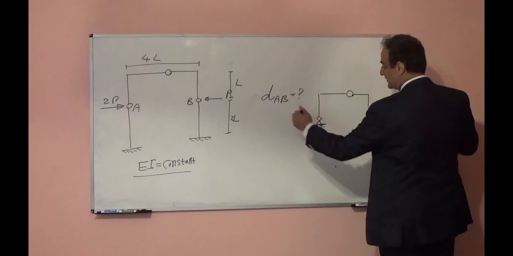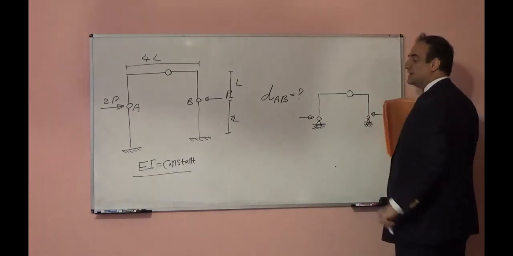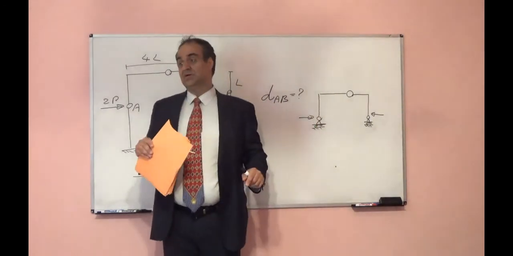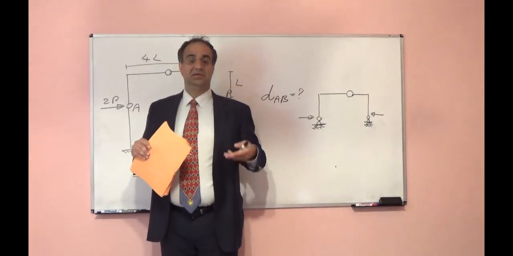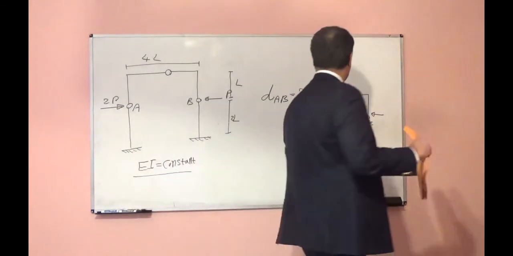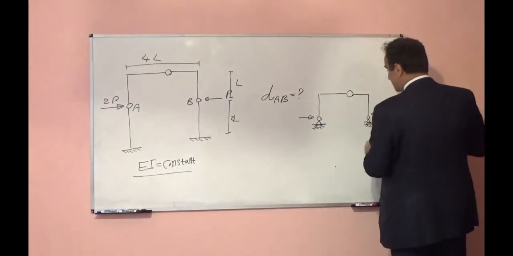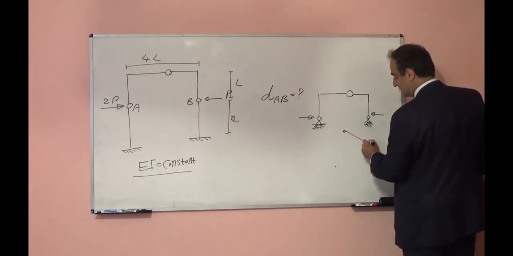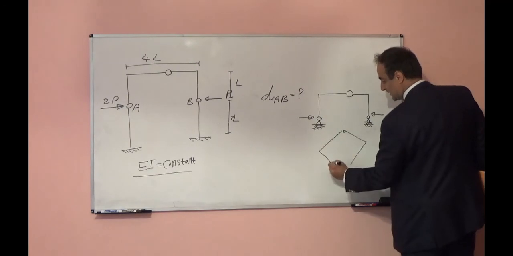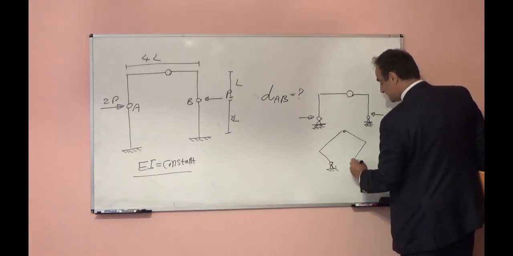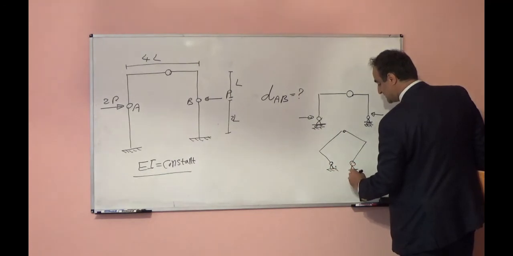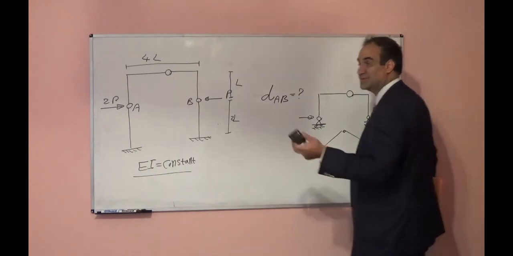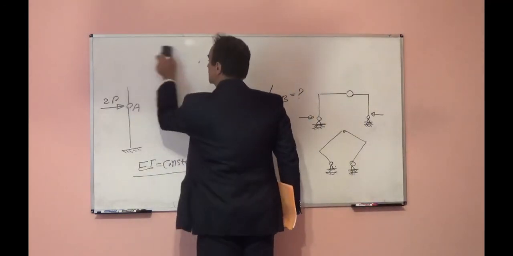If I apply load here and here, there is no stiffness against those loads, or no bearing capacity. That part is an unstable part. It is clear that if I add this load, it will easily rotate like this. The top part will not show any resistance against those loads, so this part is useless here.